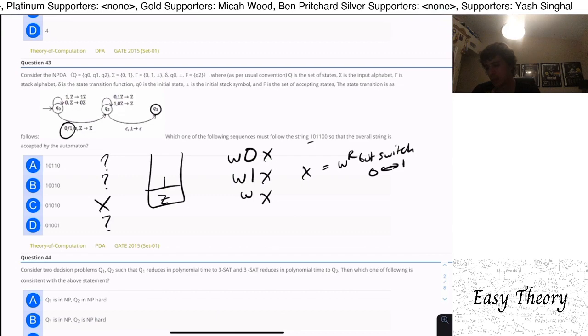Let's see. Which of the following sequences must follow this string so the overall string is accepted? I think all of them can. Well, the first, second, and the fourth one can, for sure.